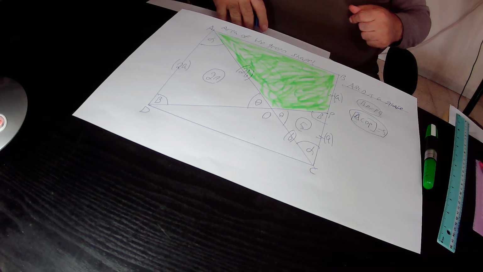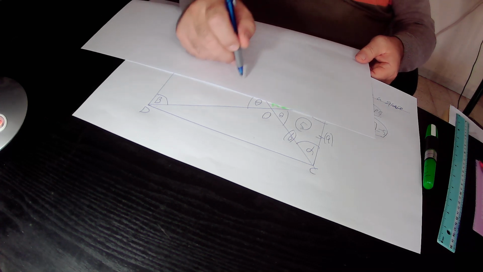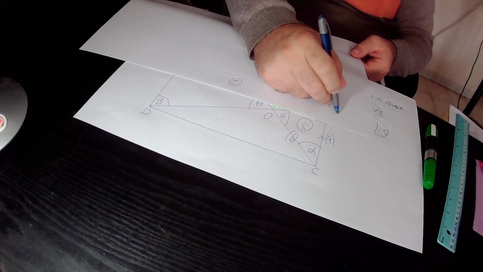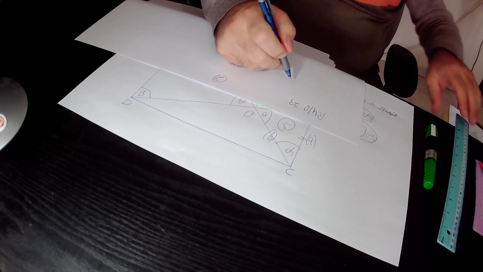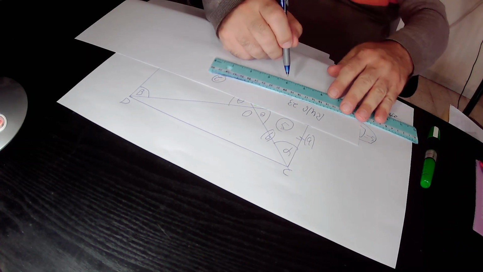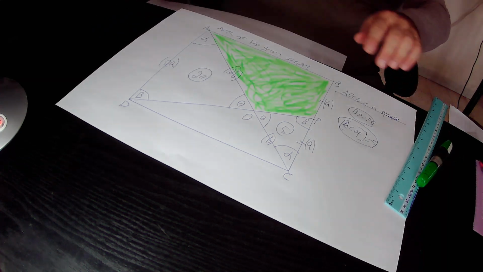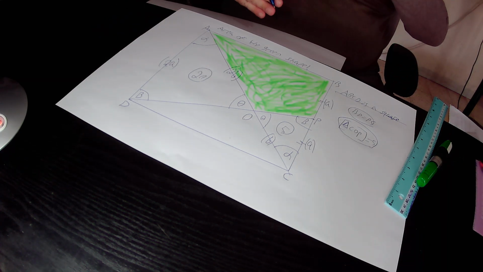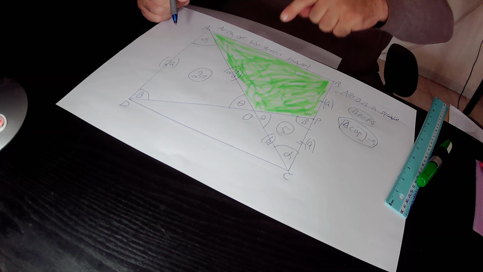So in total, according to rule 23, the implementation of rule 23 in this triangle ADO is as follows.